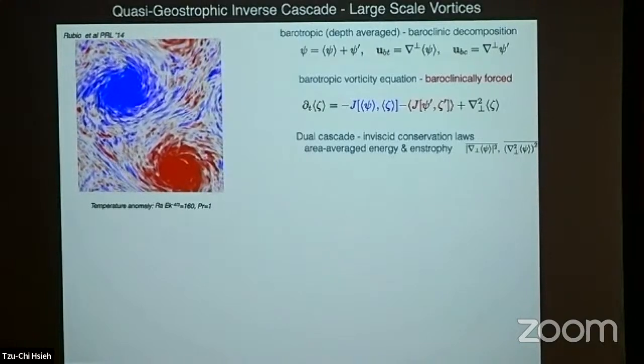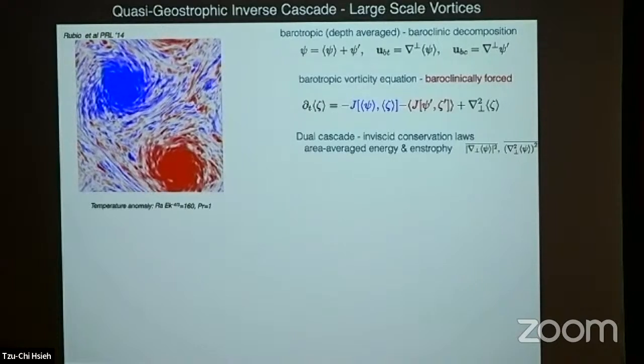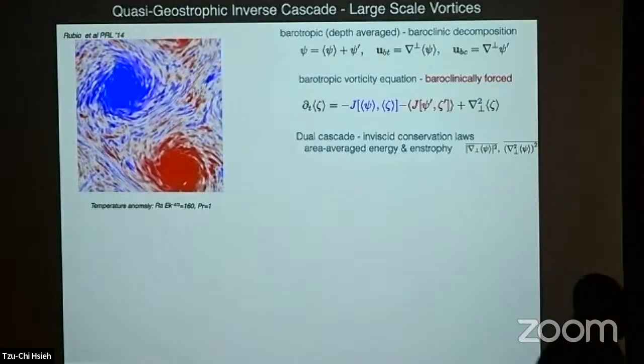So in this case, the convection is essentially organizing itself and coexisting with this large-scale vortex.